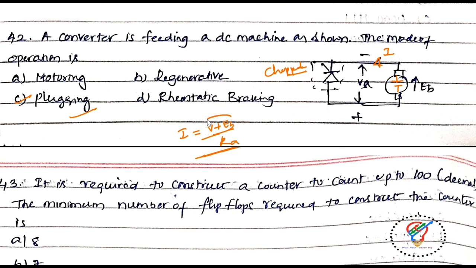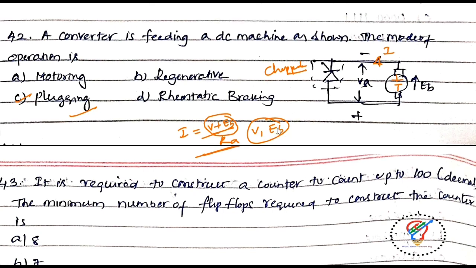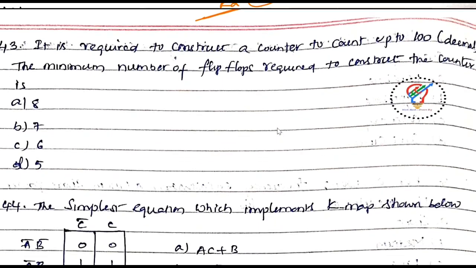So in plugging, the voltage V and the EMF EB are both in the same direction. Remember this point. In normal mode of operation, they oppose each other, but in plugging mode of operation, both are in the same, that is additive, direction.